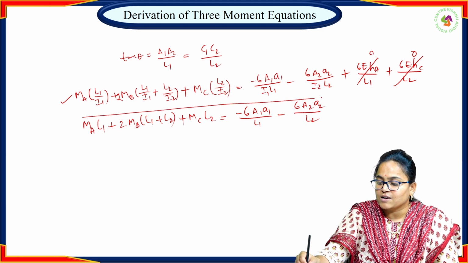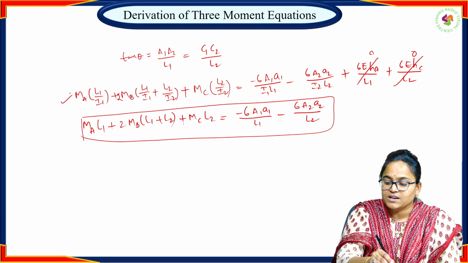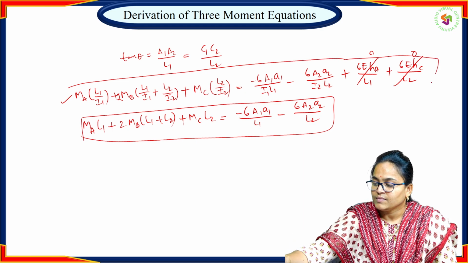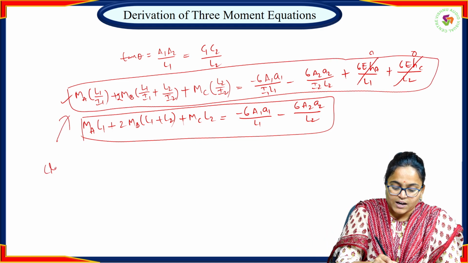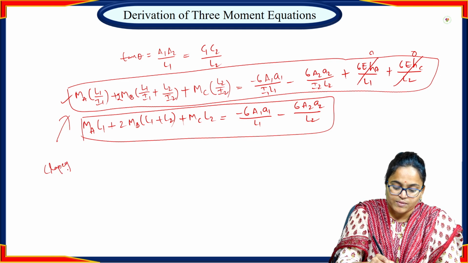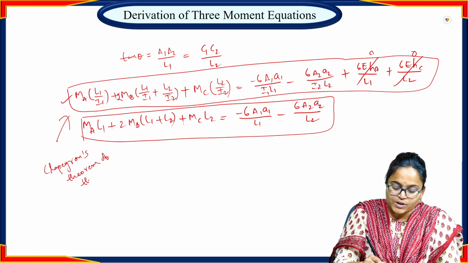So this is called three moment equation or Clapeyron's theorem of three moments.